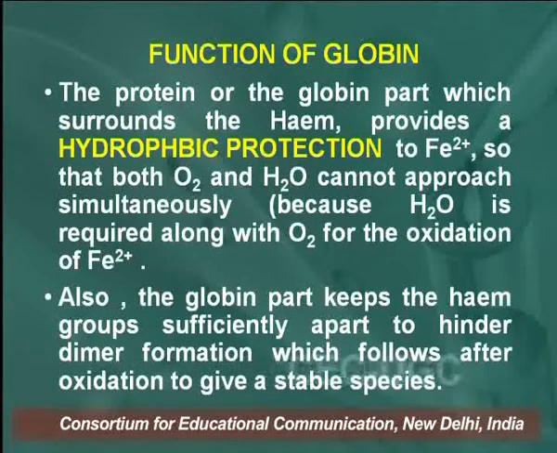What do we understand by this particular paragraph? Heme contains Fe2+. Fe2+ means where iron is in the d6 state. When oxygen approaches the heme unit and water is also approaching it simultaneously, then Fe2+ might oxidize to Fe3+, and Fe3+, as already mentioned, is a d5 system which is of no use in carrying oxygen.